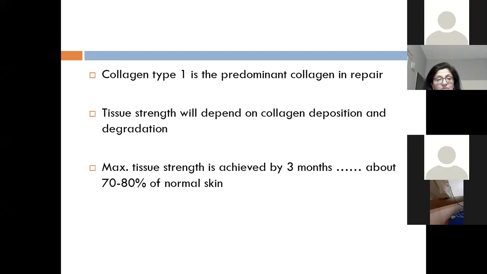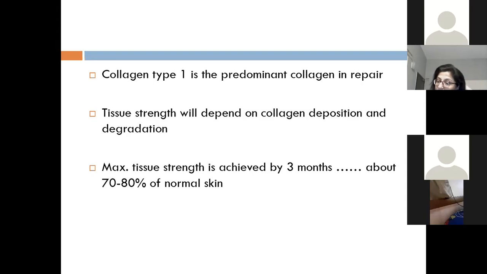It goes up to a maximum of 70 to 80%, achieved by 3 months. After 3 months, the maximum strength of any wound on your skin will come back, by the deposition of collagen and by tissue remodeling, and that is only about 70 to 80% of that of the normal skin. Okay, so it will not be back to 100%.